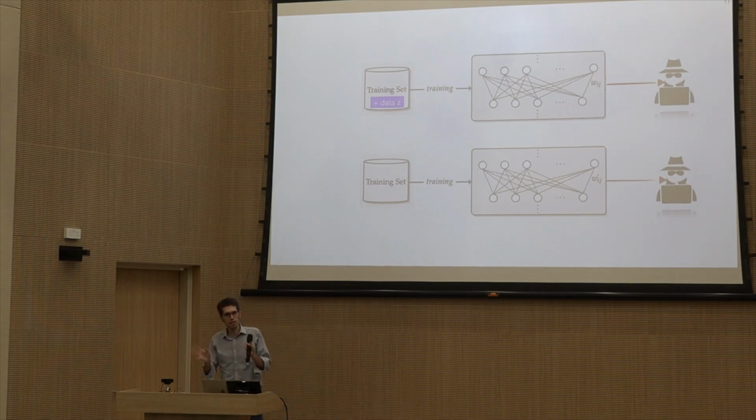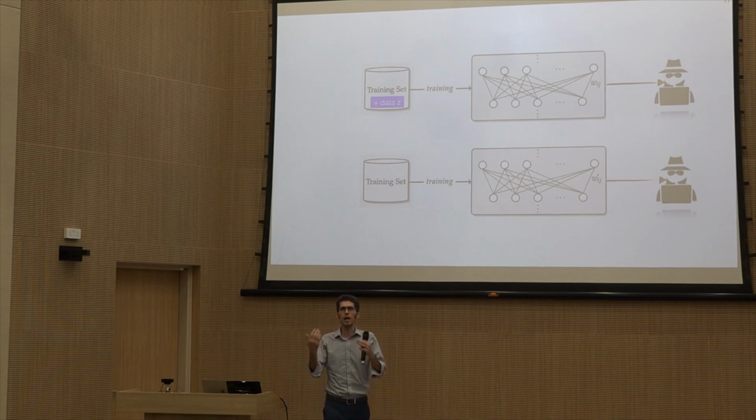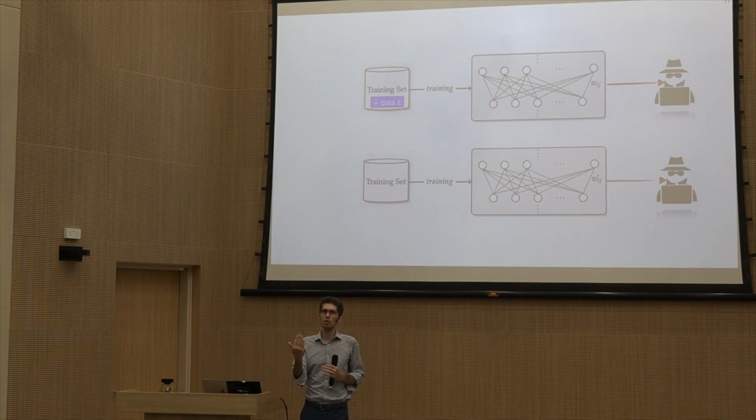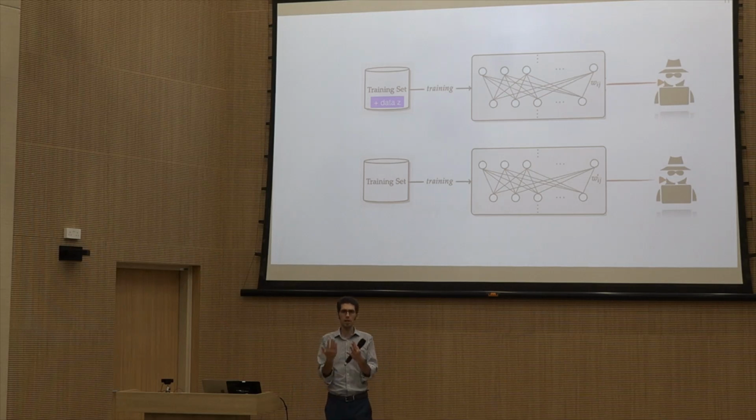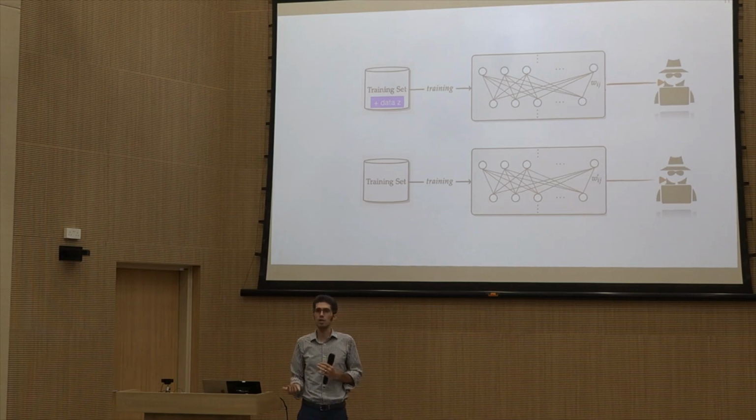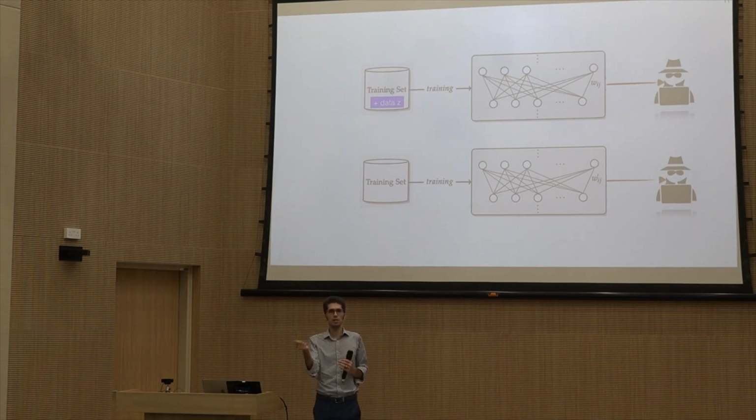He knows the training set, he knows Z, he knows the training algorithm, he knows everything. Now he gets one model, and he needs to tell whether he's in the world where Z is in the training set or not. If he can tell the difference between these two worlds, he can tell because the algorithm leaked information about the presence of Z. There's no other information, the only difference is Z.